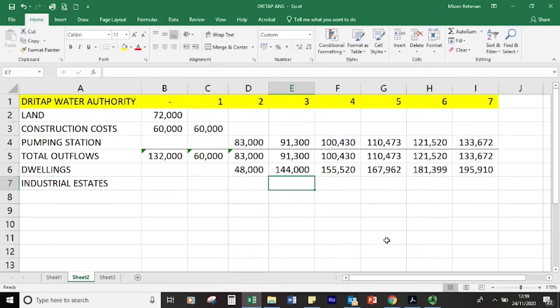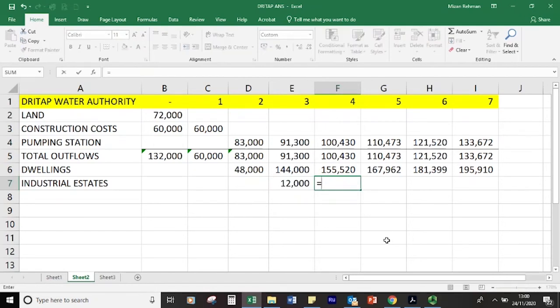So 2 million gallons for the beginning of year 3. So 3 million, 3 with 6 zeros, 1 2 3 4 5 6, into 4 pence, 0.4 pence. So that's 0.004, 12,000.